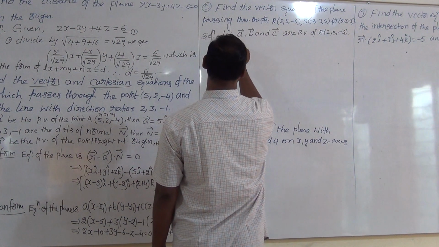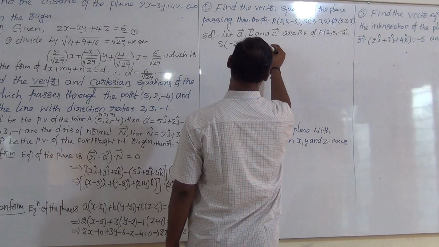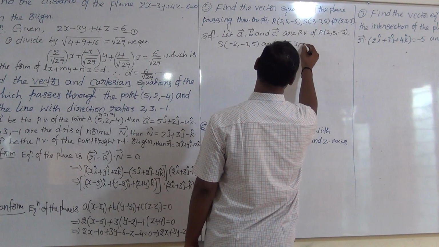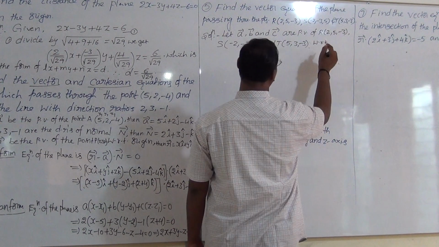S is minus 2, minus 3, 5. And T is 5, 3, minus 3 with respect to the origin.